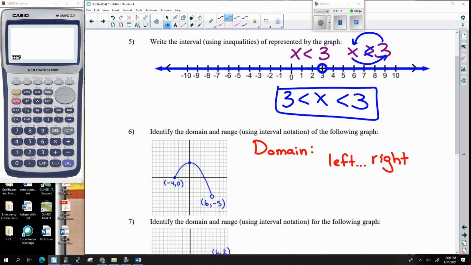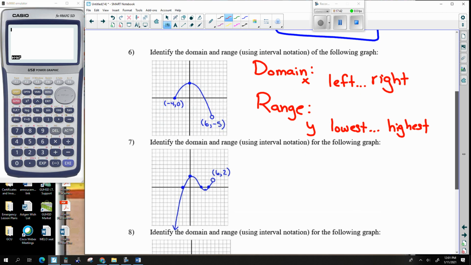It's the x's, if you will. The domain are all of the x's. And the range is the lowest to the highest. These are, in essence, the y's of a picture.